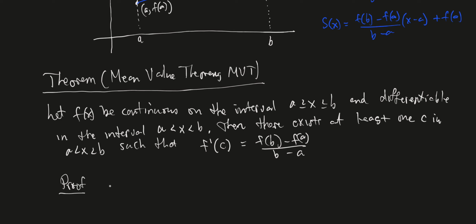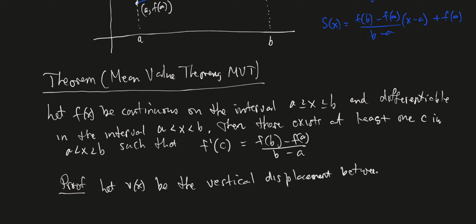What I'm going to do is write down, let v of x be the vertical displacement between my curve f of x and my secant line s of x.